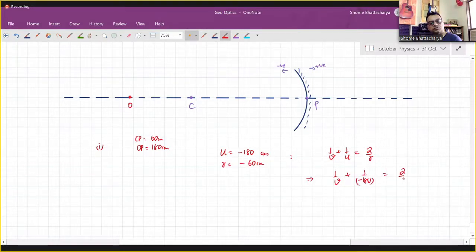So we'll get 1 by v as minus 1 by 30 plus 1 by 180.